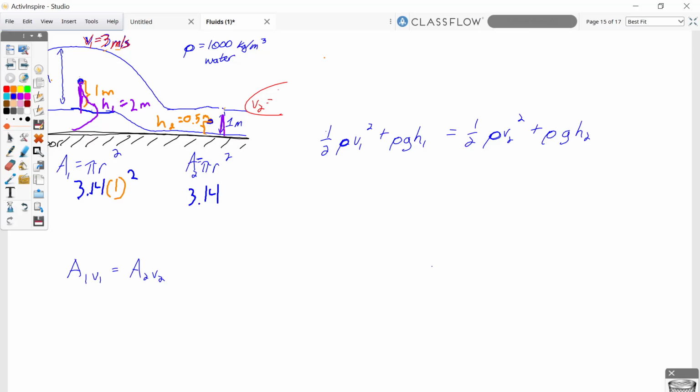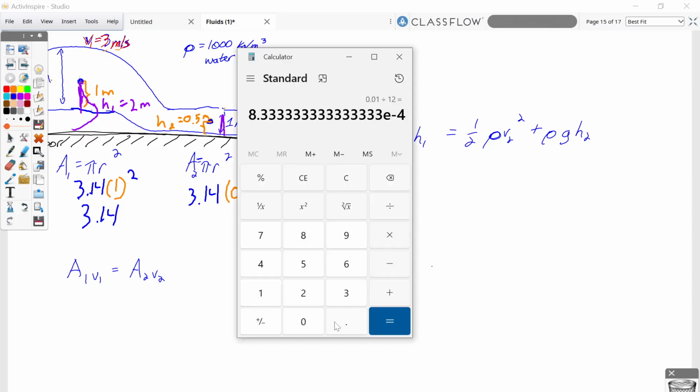Our radius here was 0.5, right? So now we're going to plug this into our calculator. This is simple because 1 squared is 1. 0.5 squared times 3.14 gives us 0.785.